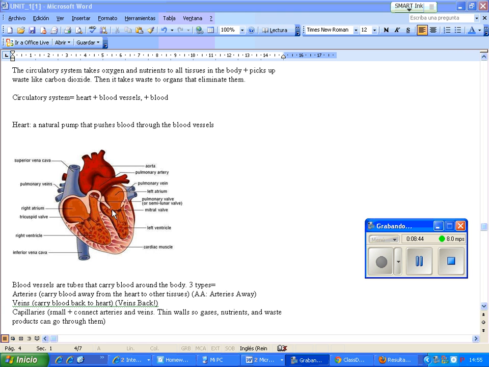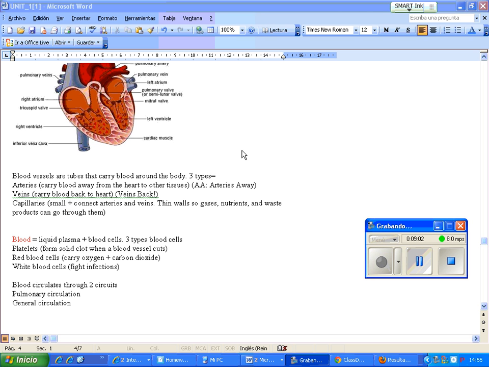When the ventricles contract, they push the blood out of the heart. And the septum divides the heart into 2 sides, right and left.